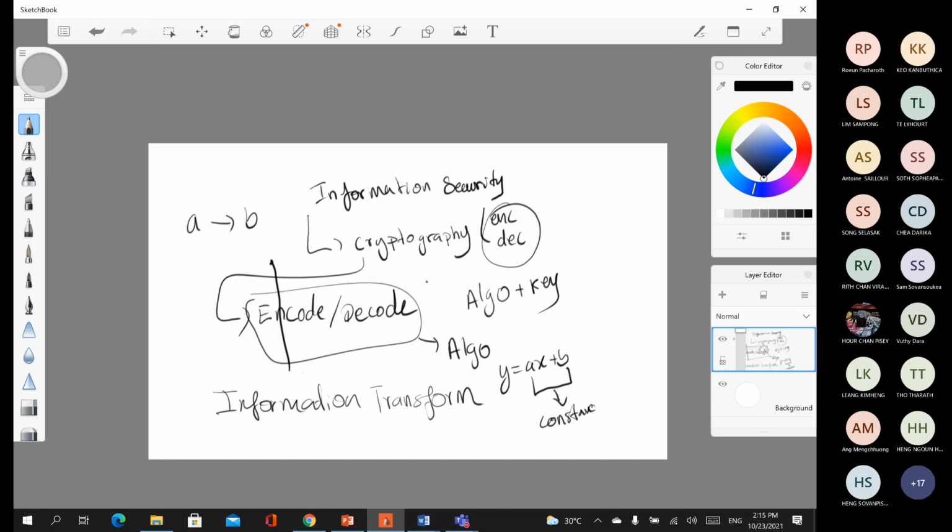For example, if our system is the same, a x plus b, in this case the algorithm is just a linear function, or we can call it a linear equation. If we need a key, for example, a and b must be the output of the key system.